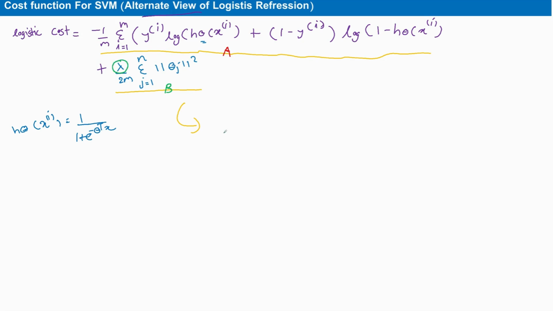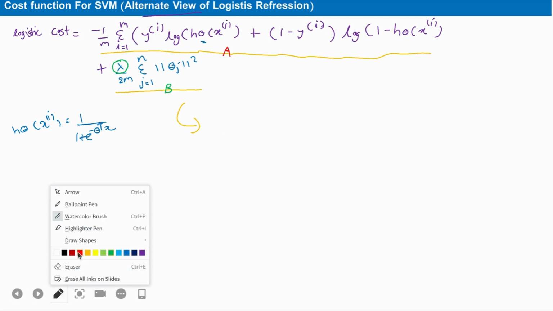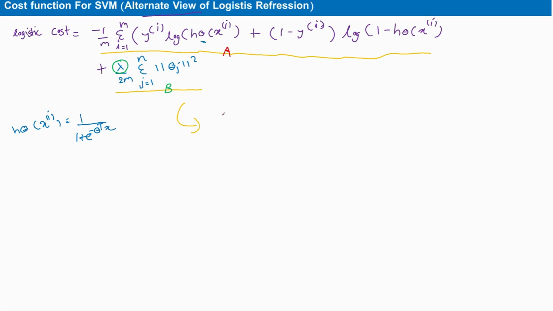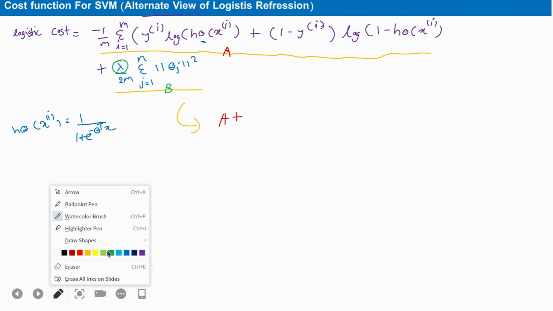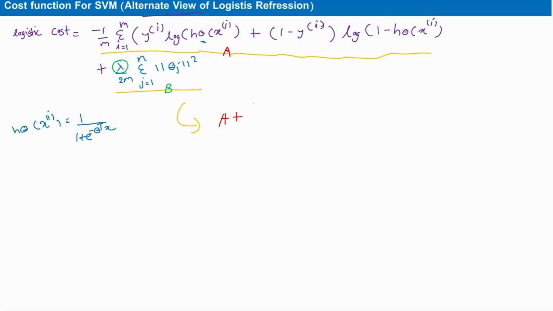So if I write it in a simpler way, it will become a plus, then in the second term we have gamma into b. So I can write it like this.